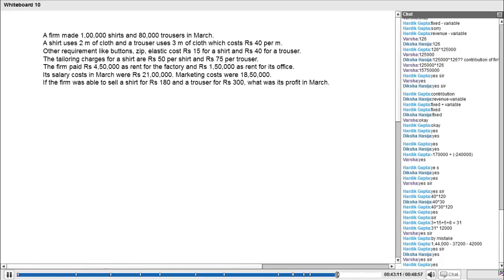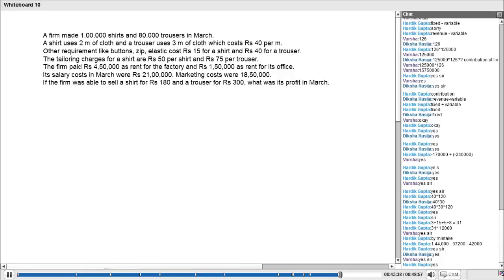Okay? A firm made 1 lakh shirts and 80,000 trousers in March. A shirt uses 2 meters of cloth and a trouser uses 3 meters of cloth, which costs rupees 40 per meter. Other requirements like buttons, zip, elastic cost rupees 15 for a shirt and rupees 40 for a trouser. The tailoring charges are rupees 50 per shirt and rupees 75 per trouser.